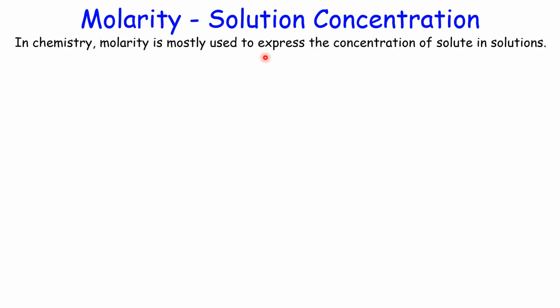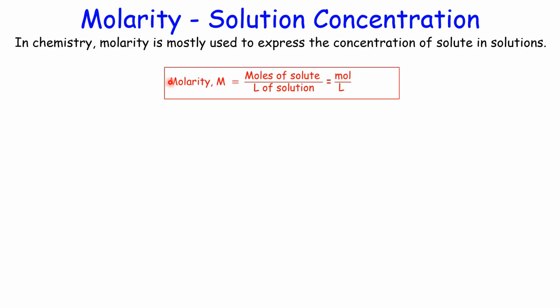Of course, whenever you have a solution, we have to address the concentration. And molarity is the most often used concentration unit in chemistry. Molarity is defined as the number of moles of solute in 1 liter of solution.